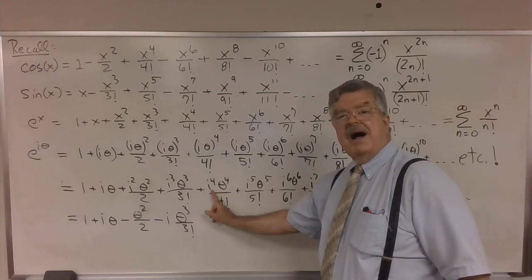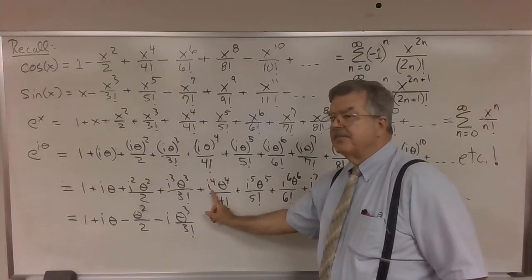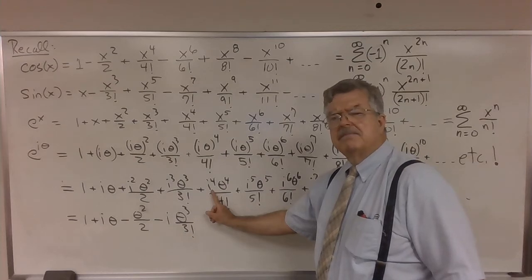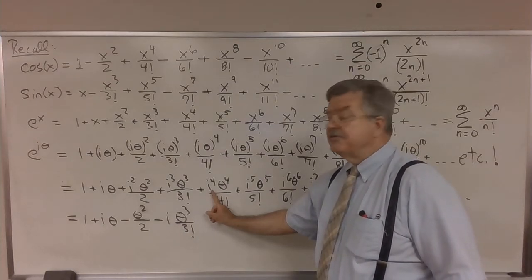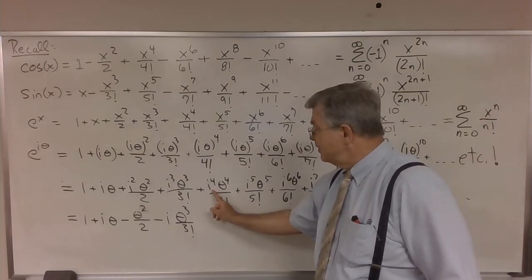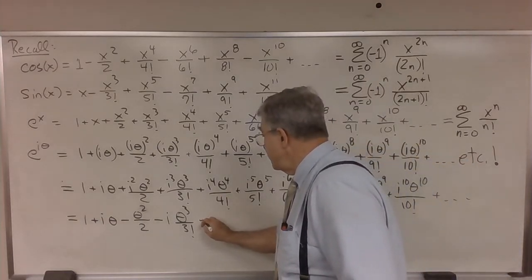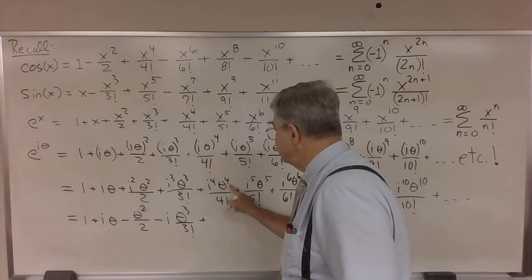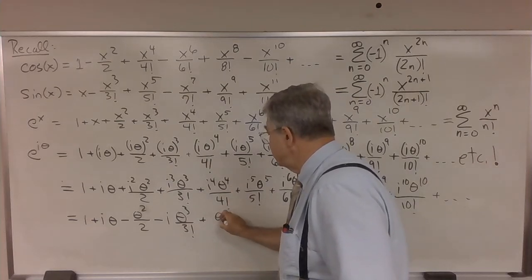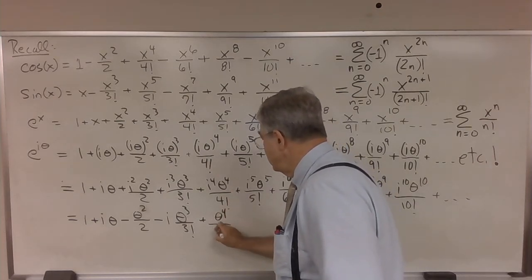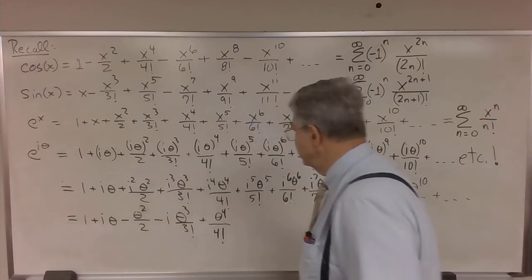And then i to the 4th. Well, i to the 4th is i squared times i squared. And i squared is -1. So this is -1 times -1, or +1. i to the 4th is +1. And we get theta to the 4th over 4 factorial.